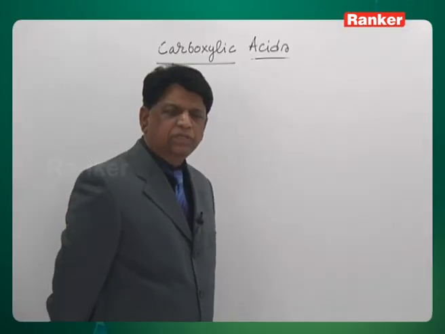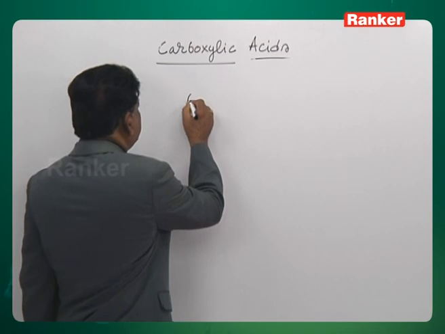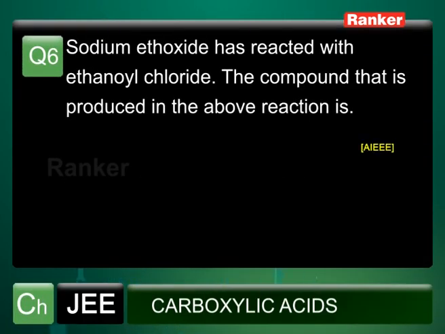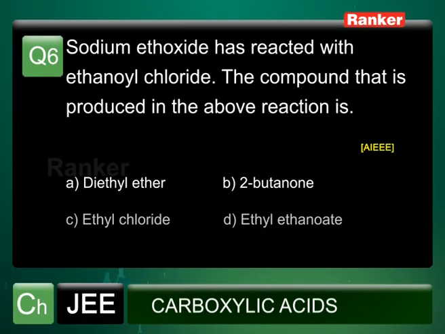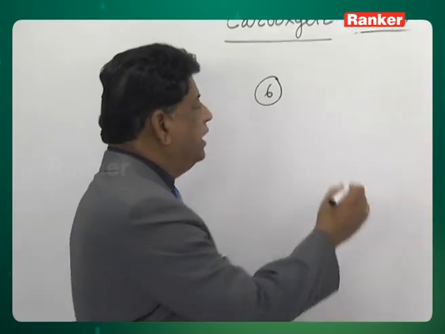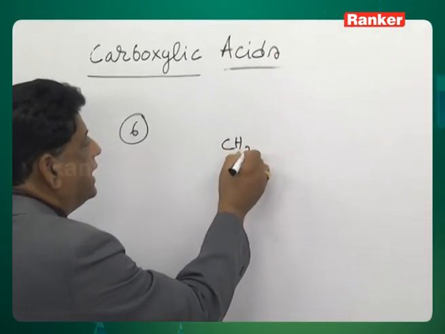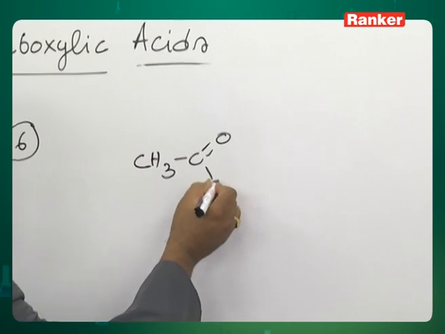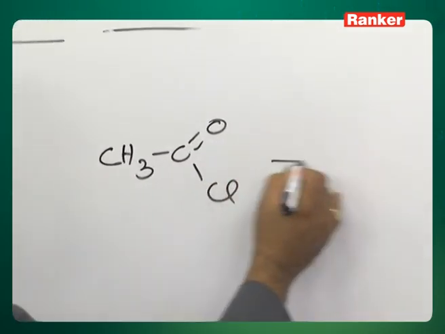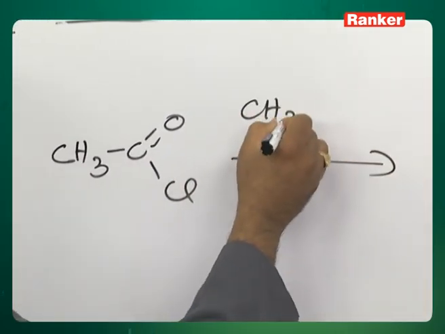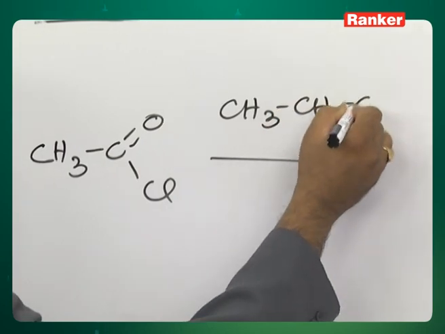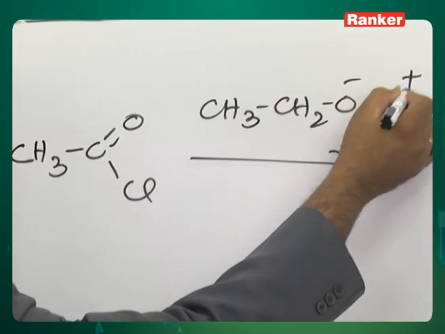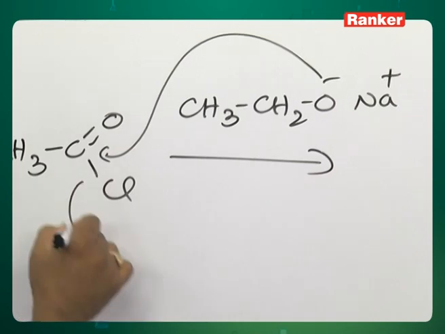So let's go to question number 6 here. Sodium ethoxide has reacted with ethanoyl chloride. Ethanoyl chloride means acetyl chloride, which is treated with the sodium ethoxide. So the ethoxy group will replace the Cl.